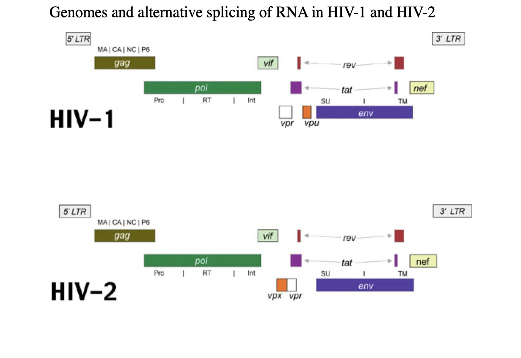But the genome consists of a GAG gene, which produces the polyprotein that includes the matrix protein, the capsid protein, the nucleocapsid protein, and one other protein. And then a pol gene that makes a polyprotein, which contains the protease, the reverse transcriptase, and the integrase, which I'd already talked about. And then there's the ENV gene, which encodes the surface proteins, both the surface protein and the transmembrane protein.